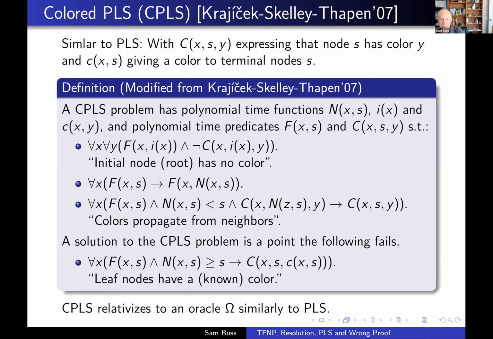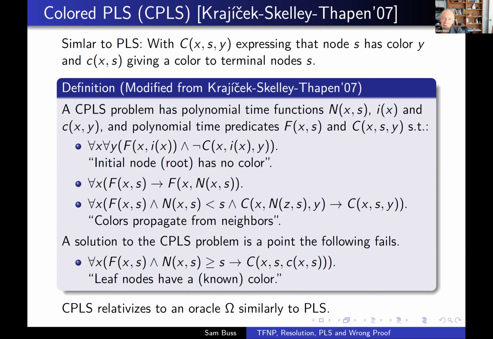So that we have that the first principle is that for every input X and every color Y, the initial vertex I of X is feasible and it has no color, right? And we're going to think of this like corresponding to the root of a refutation. And then the neighborhood function, that's the second point, takes feasible points to feasible points.